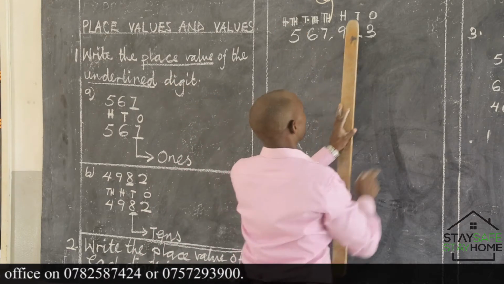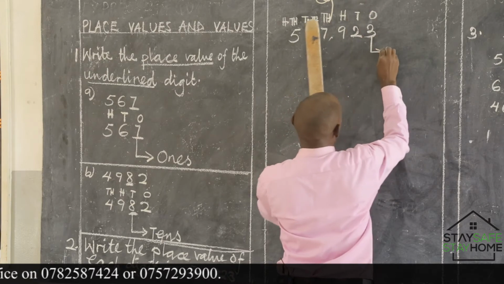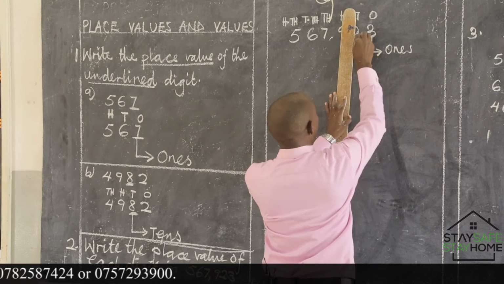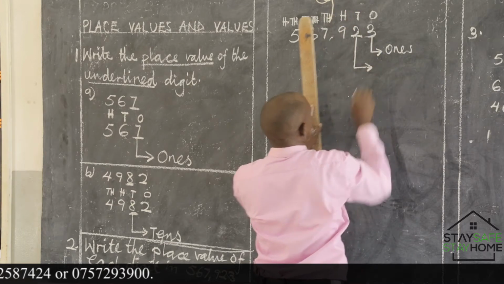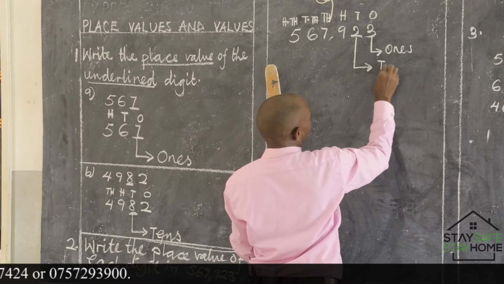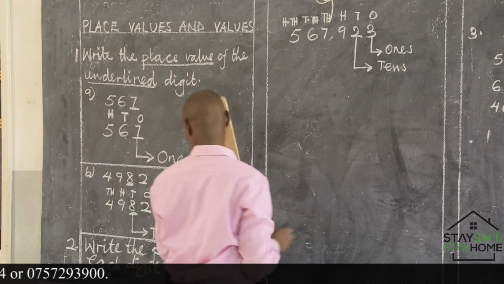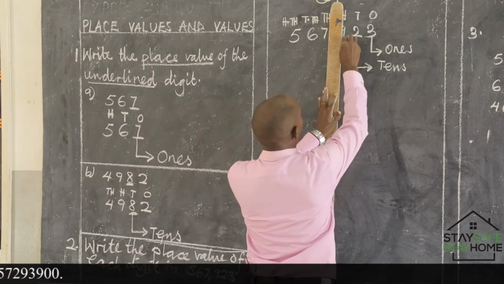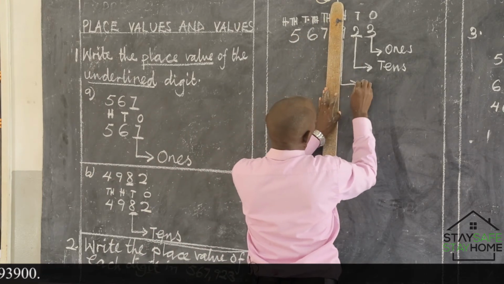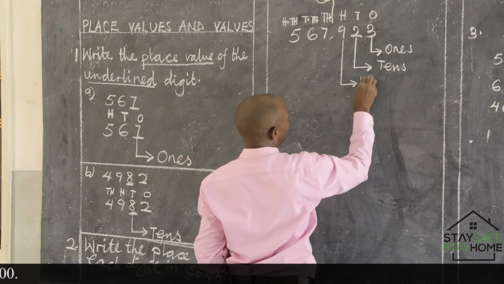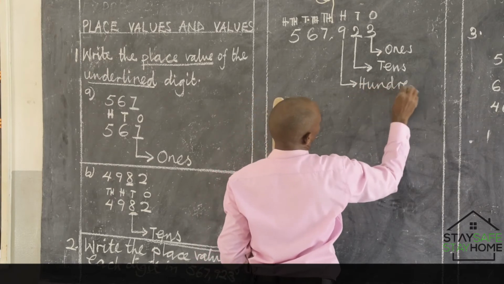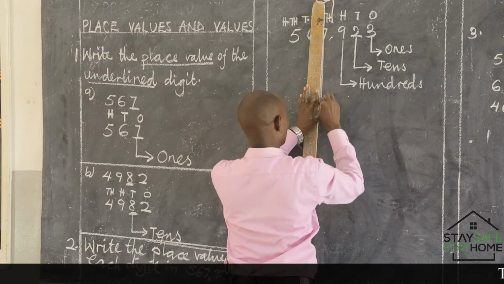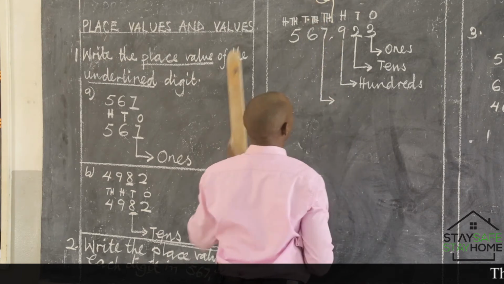Okay, come and write them here. For 3, we have said that is ones. What about for 2? That is tens, because we have been told to write the place value of each digit. What about this one? That is hundreds. What is the place value or the position of 7?